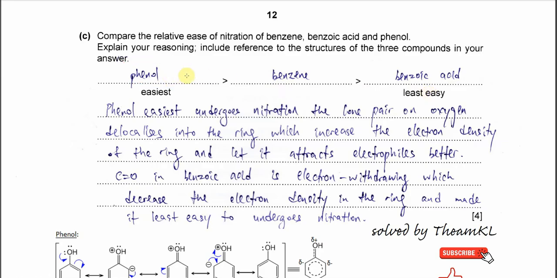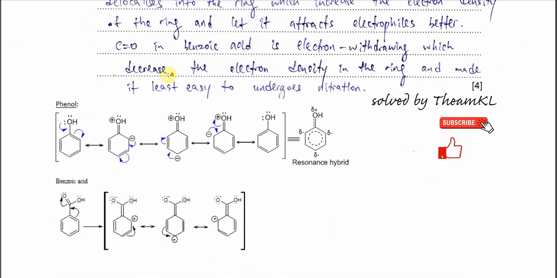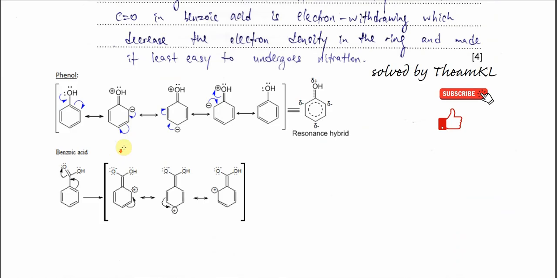So what is the reason that makes phenol easiest to undergo nitration? It reacts with the nitric acid and forms the nitrobenzene. There is a reason. These resonance structures you do not need to draw, I just want to tell you the reason. For phenol, the lone pair on oxygen will delocalize into the benzene ring, something like this.